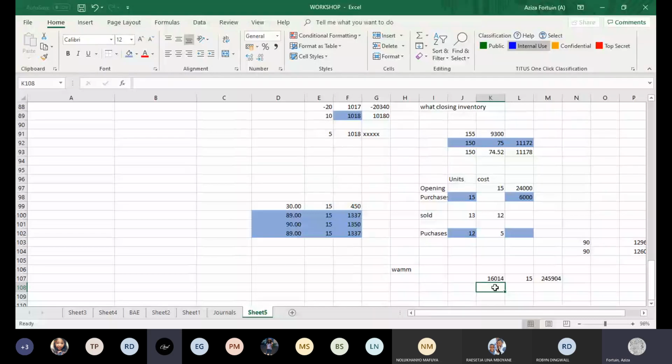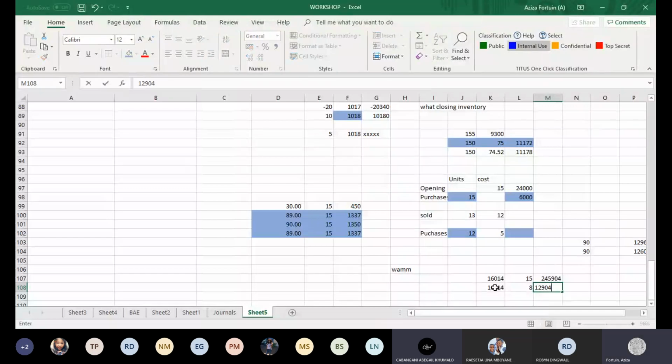I got 1,614 units at 8 rand cost. The total cost is 12,904 rand. Okay, so you've got something different. Anybody else?